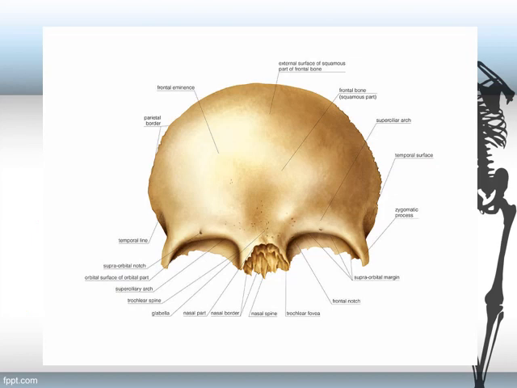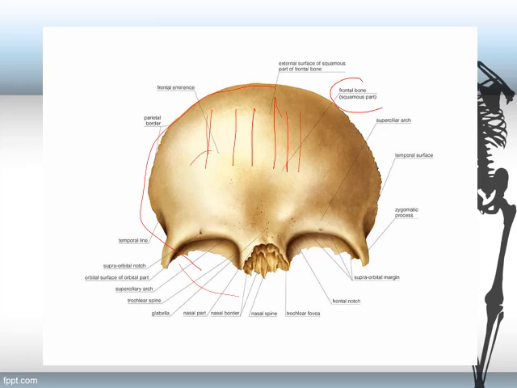So ito siya. So we have here the frontal bone. Ito yung pinaka-frontal bone natin. Then we have here the squamosal part. Ito siya. So, vertical portion siya. Ito ha, squamosal part. So, vertical portion siya ng forehead.